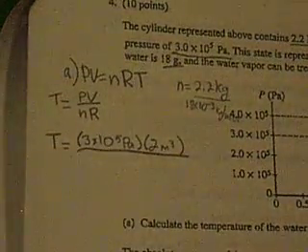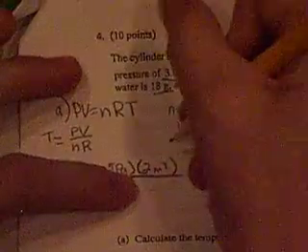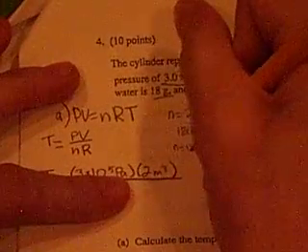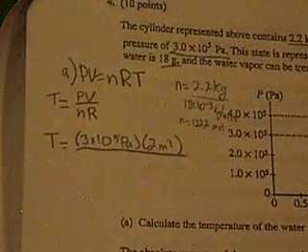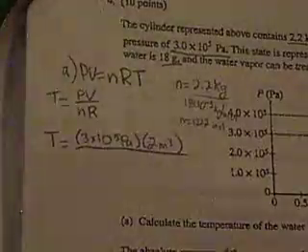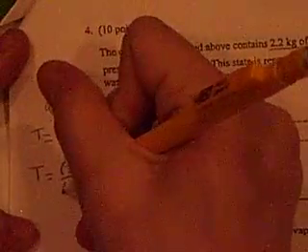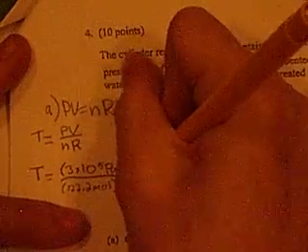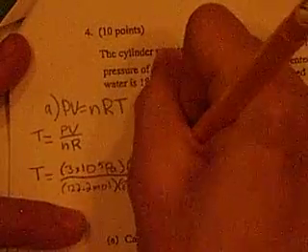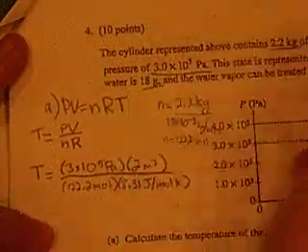Okay? And then when you solve that, you get that n equals 122.2 moles. So now that we solved for n, we can substitute that back into our original equation: 122.2 moles times R, which is the constant, of 8.31 joules per mole Kelvin.